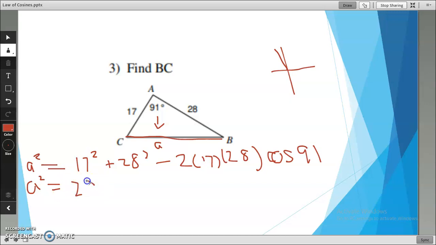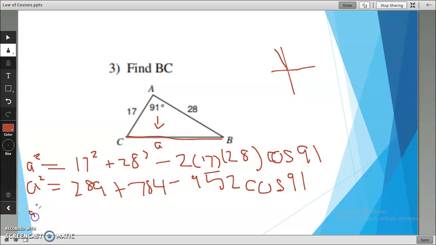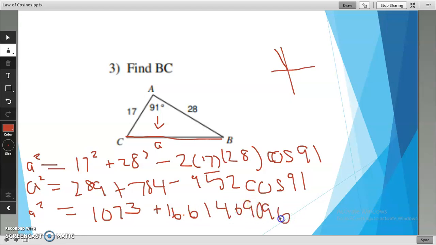So I get a squared is equal to 289 plus 784 minus, let's go ahead and multiply that out, 952. I just don't want you to freak out when you see a negative number. And so I get a squared is equal to 1073 plus 16.6146996.